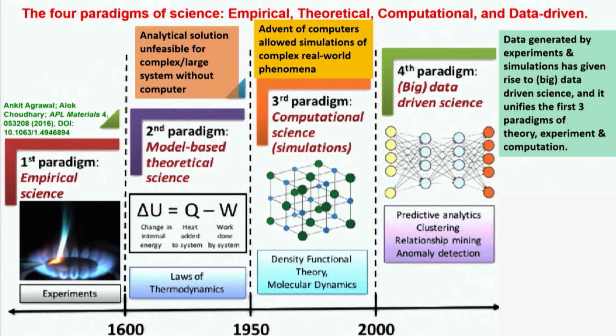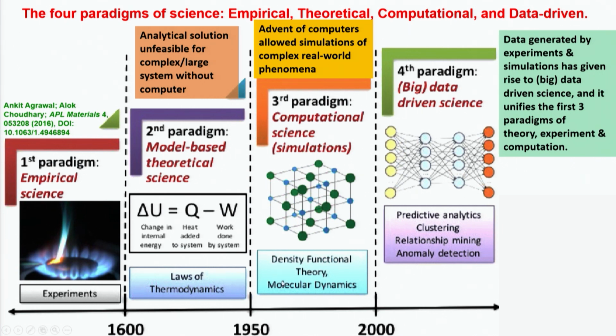But as time progressed, the analytical solution of these law-based systems became difficult. By then, at the advent of computers, we go for computational science, essentially DFT-based methods and molecular dynamics methods. So this is the third paradigm, which is today's lecture.